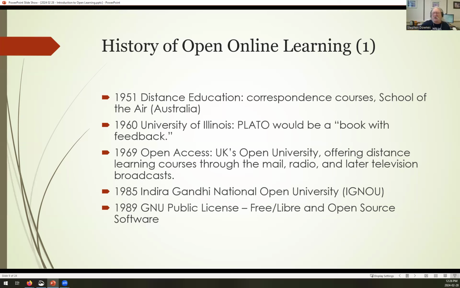On a different tack, in 1989, a guy called Richard Stallman creates his own version of an operating system called GNU. GNU stands for GNU's Not Unix. And he created something called the GNU Public License, or GPL, to make sure that the software that he created could be freely used, freely adapted, freely redistributed in the future.